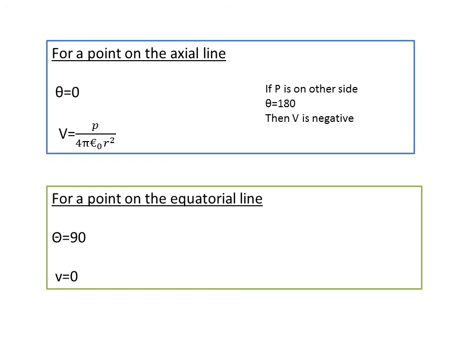So the angle between the direction of dipole and r will be 90 if the point P is on the equatorial line. If we substitute this in equation for V, we get p cos 90, that is 0. So V is equal to 0. So there is no electric potential at any point on the equatorial line of the dipole.